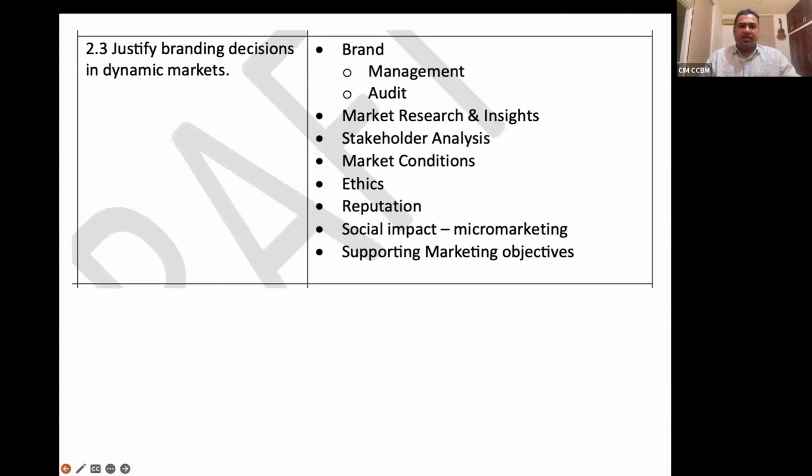So in summary, this unit is about understanding brand management and brand auditing, market research and insights, which you spoke of, stakeholder analysis, looking at market conditions, ethics, reputation, social impact, micro marketing, and how branding objectives will support marketing objectives. That is assessment criteria 2.3.